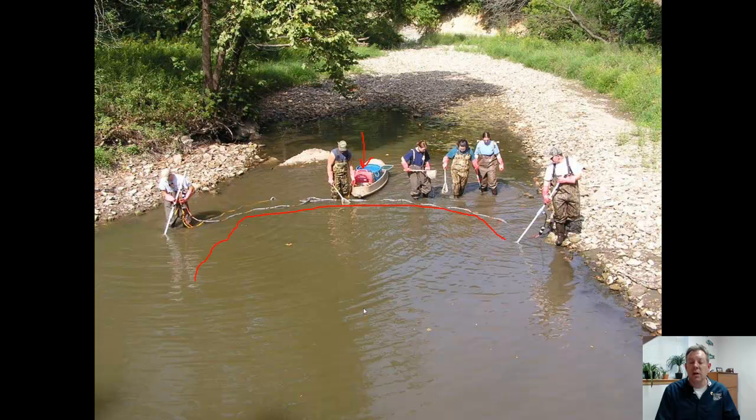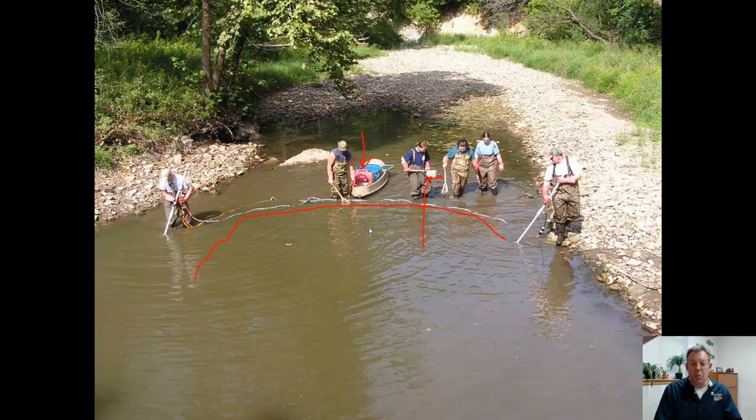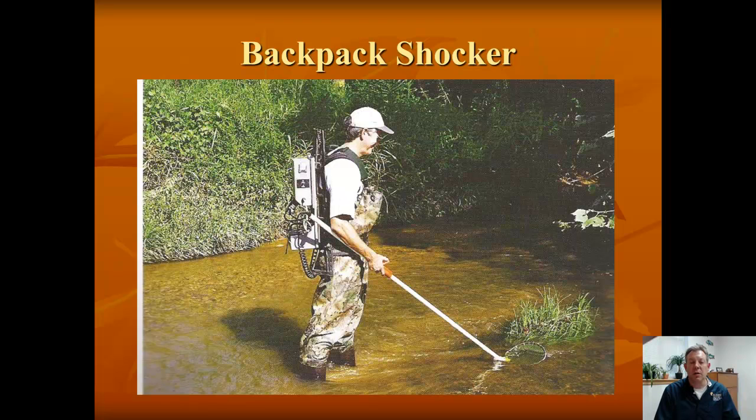And when these two people on either end press the button, it creates a field, and then you see all the students walking behind, and they're dipping up fish as they're stunned. And in class, we did some backpack electroshocking, and you see here's another example of that too. And if I want to go back, the electric seine is an AC shocking, and then of course the backpack shocker is DC shocking.